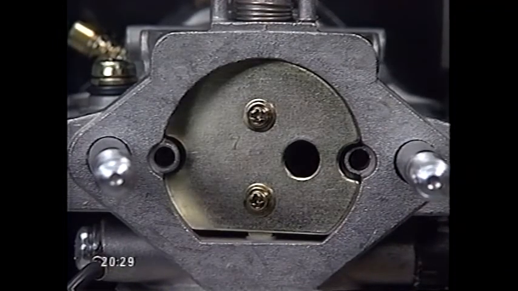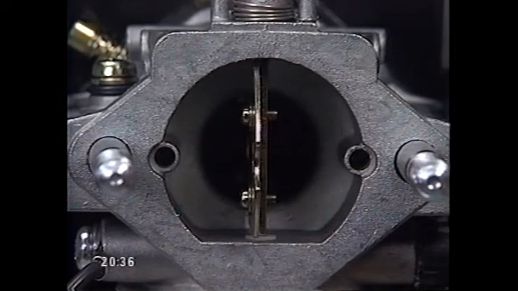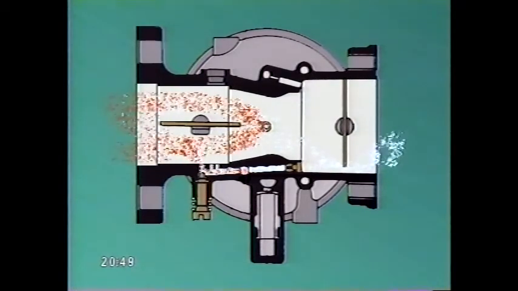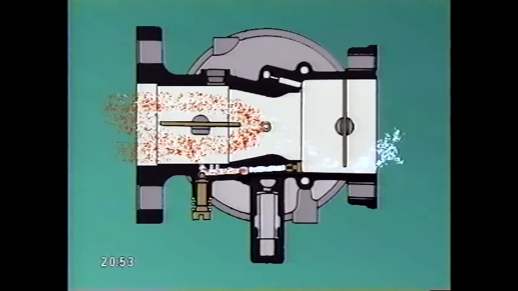Some designs have one or more holes in the plate, and others only partially close off the air passage. In any case, no matter what the design, the choke plate cuts down on intake air, while the partial vacuum created by the engine draws fuel up through both the main and idle circuit. The fuel mixes with a small amount of air at both the main nozzle and pilot jet, and the fuel-rich mixture enters the engine.